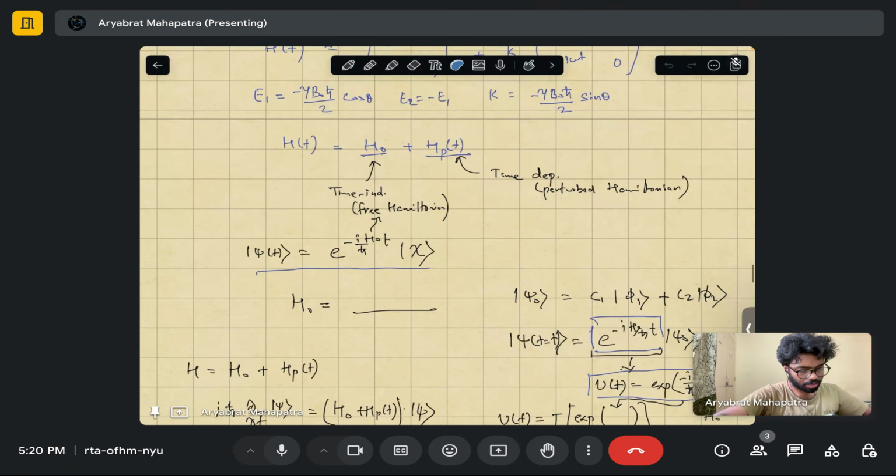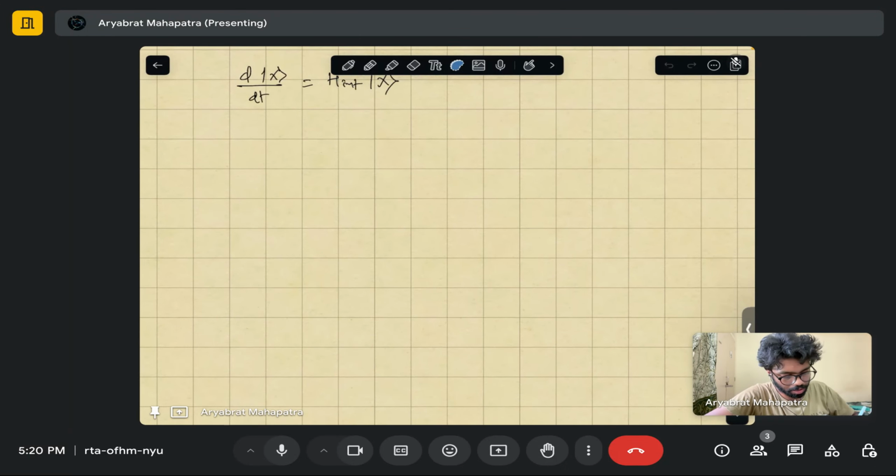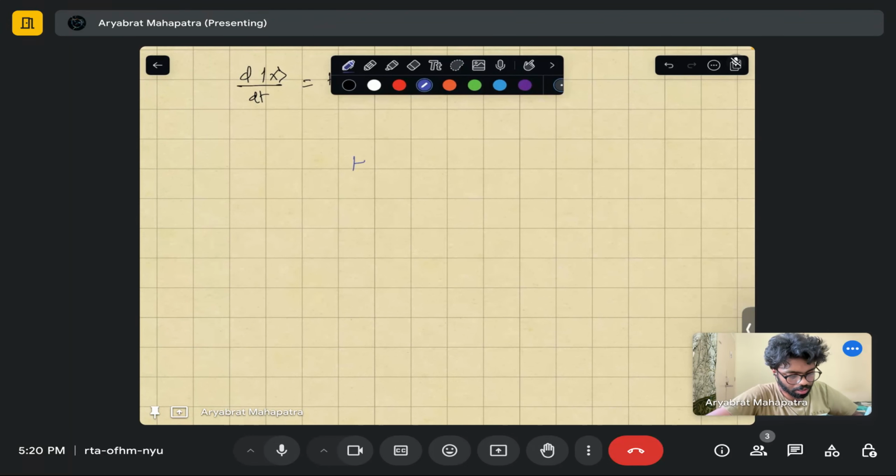Okay. Let's say we have some Hamiltonian which is completely time independent, H naught. Then you evolve your system: psi of t equals exponential of minus i H naught t. I am not writing h bar, you can consider it to be 1.